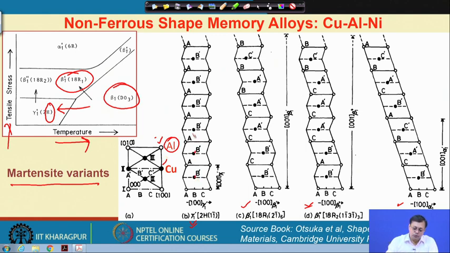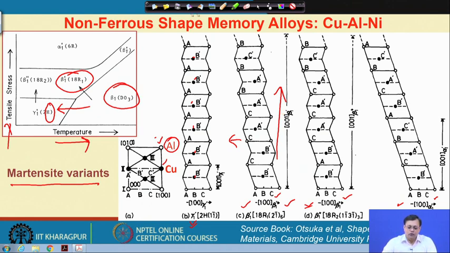So, these are the positions of the copper atoms and we introduce some stacking fault inside it, so that we get the martensite variants of beta dash structure. Here it is beta double prime and it is alpha prime. So, this is along the direction of 001 beta dash type of structure.